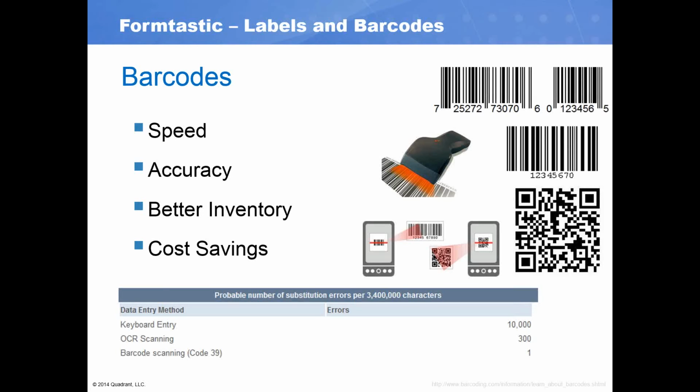The combined reduced data entry time and transmission time, along with the increased inventory quality and data quality, among other things, makes barcodes an extremely cost-effective alternative to manually writing out item numbers or printing out item numbers in alphanumeric characters and manually entering those.